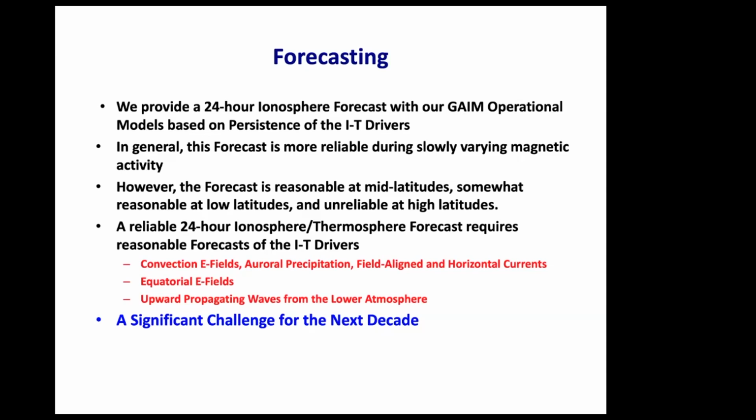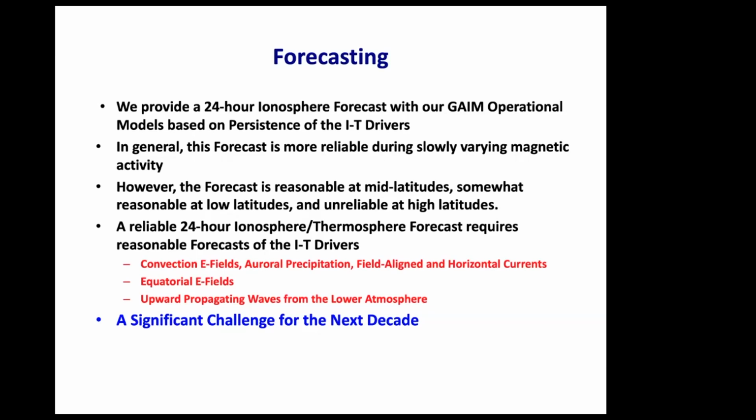However, the forecast is reasonable at middle latitudes, somewhat reasonable at low latitudes, and totally unreasonable at high latitudes if magnetic activity changes appropriately in the future. And by appropriately, I mean significantly.